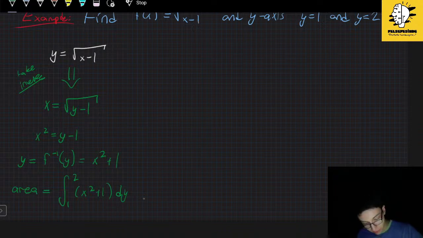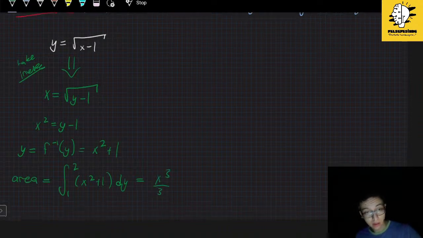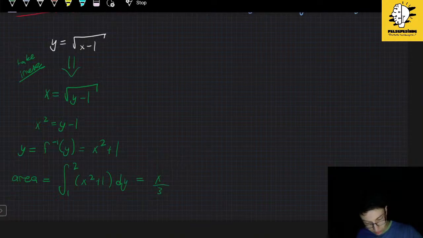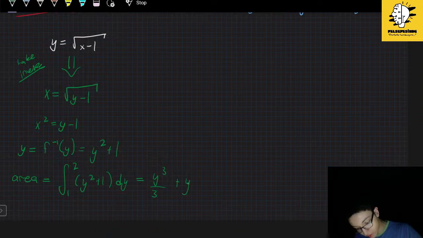Okay, so this is x cubed over 3, right? To be honest with you, I would prefer saying y for this one. Okay, let's keep it with y. I would say y cubed over 3 plus y, and what was our range? 2 and 1.